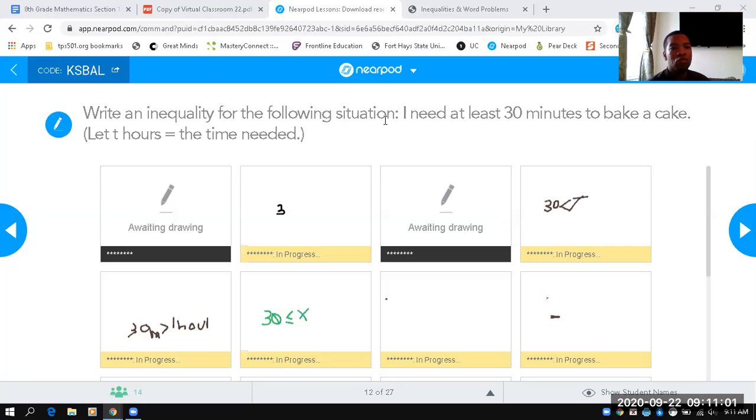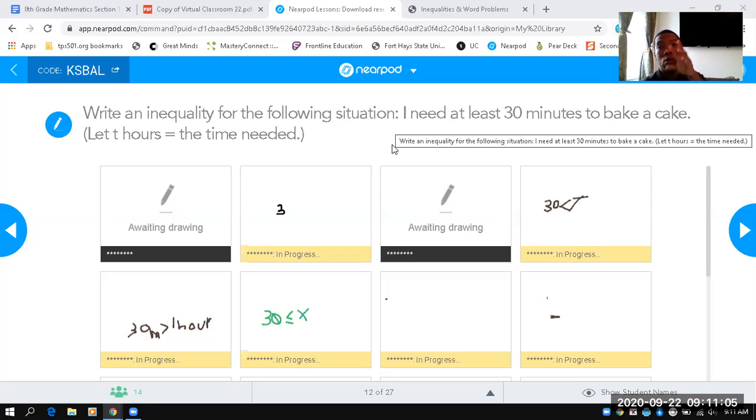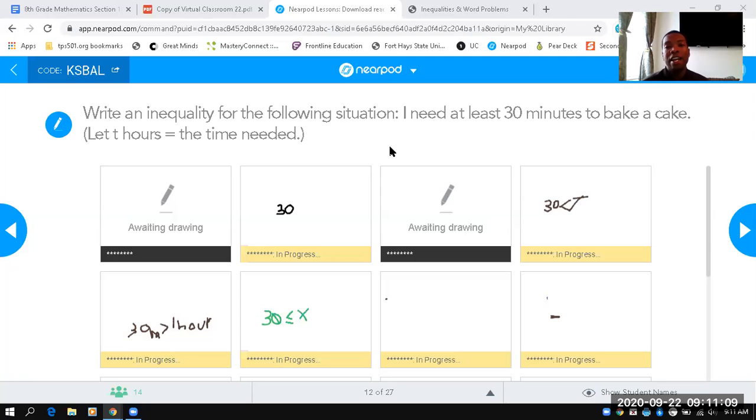Question again. It says write an inequality for the following situation, and this is where we're transforming word problems into equations. All right, so it says I need at least 30 minutes to bake a coffee. At least 30 minutes to bake a coffee. And they said let t hours equal the time needed.